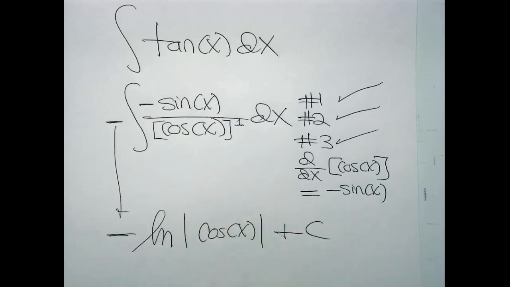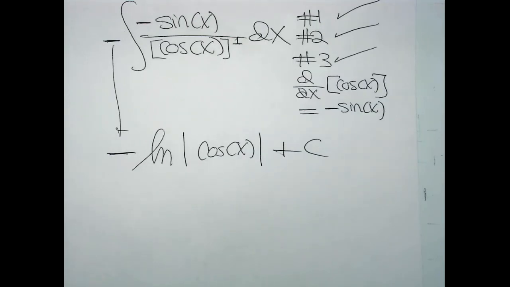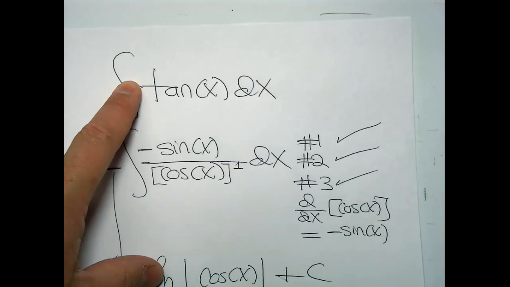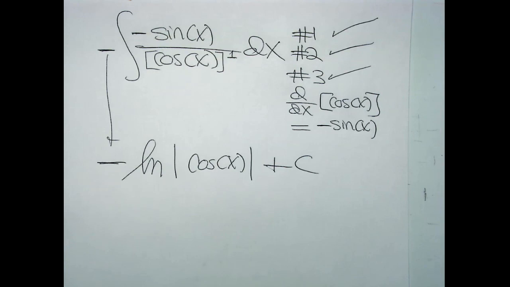And we put protection in to protect the logarithm from taking the log of a negative number. Now, there are actually 2 potential answers for this. But isn't that a crazy result? The integral of a pure trig function becomes a logarithm. It's crazy, but it's absolutely true.